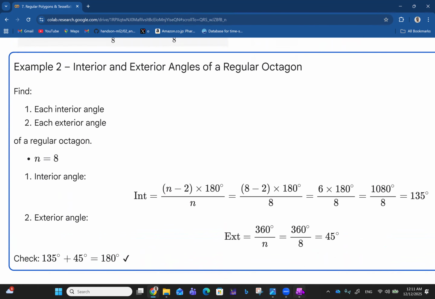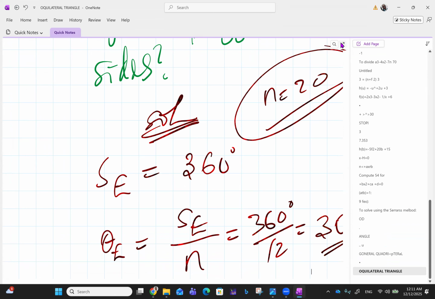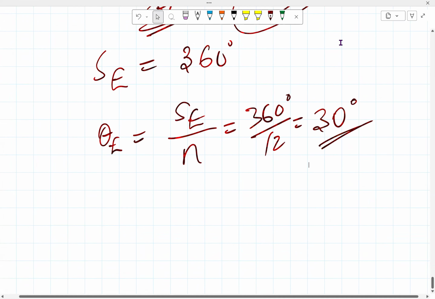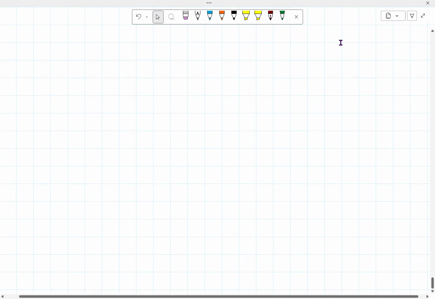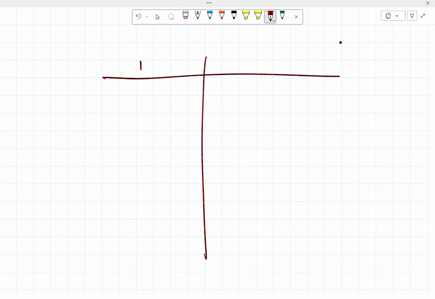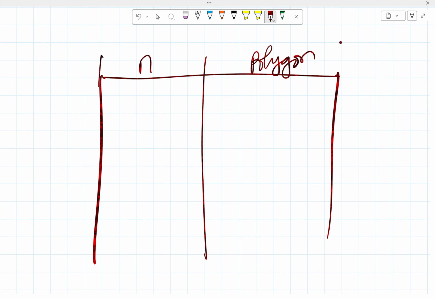Now, before I go further, I want to quickly talk about the first few polygons, the ones that can be named. I think we kind of saw it before. First of all, we want to look at the value of n versus the polygon that it gives. Let's go as far as we can.